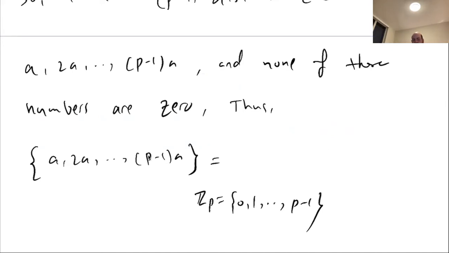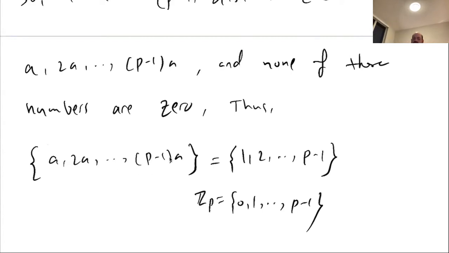So these elements must be 1 to p minus 1, of course in a possibly different order, but the order is not important for me. The only thing that is important is that the list of these numbers is the same as the list of the numbers 1, 2, all the way to p minus 1. Why?